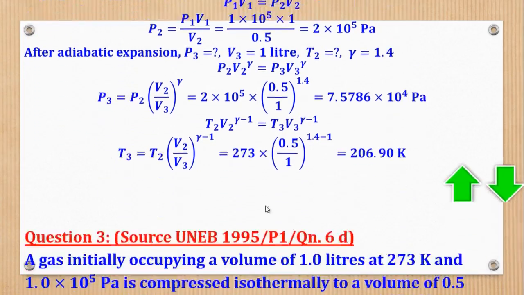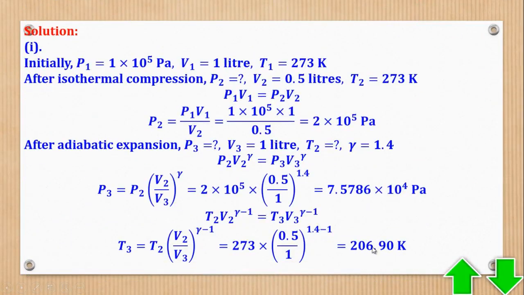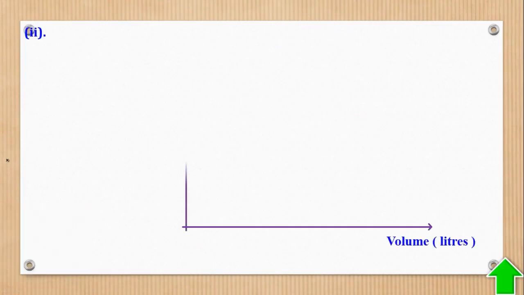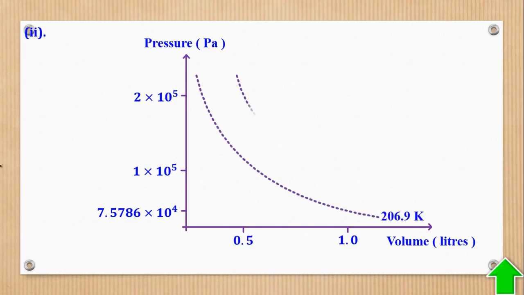Then when we go to Roman 2, they want you to indicate the process on a PV diagram. So you draw the axes, volume, pressure. Then put the values we shall use to sketch. Then draw the isothermal curves, one at that temperature, another one at that temperature.